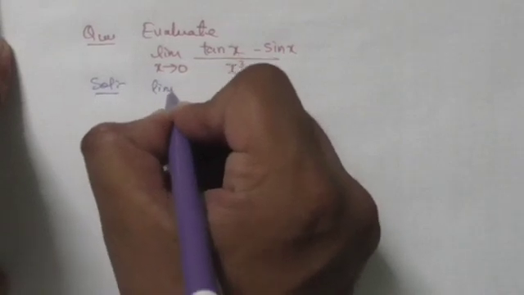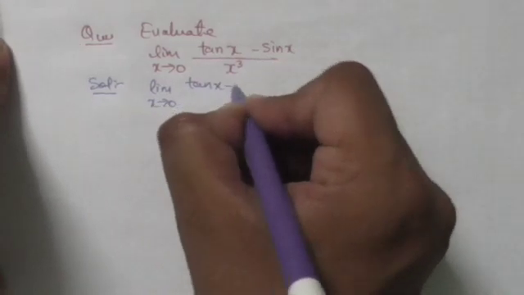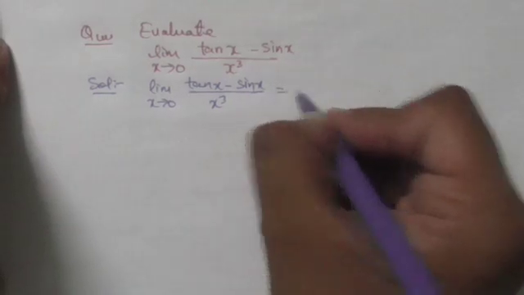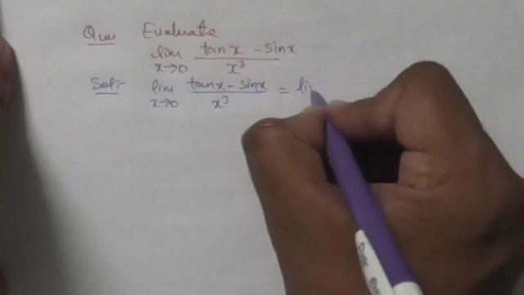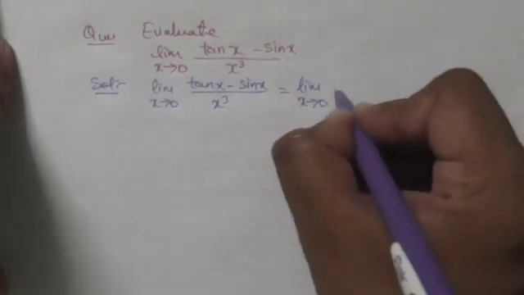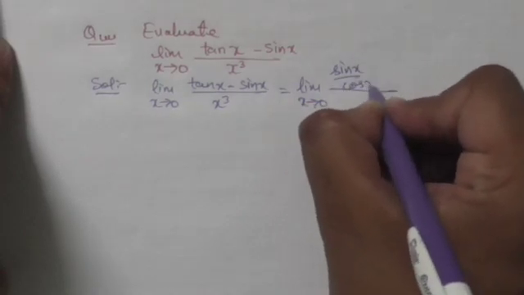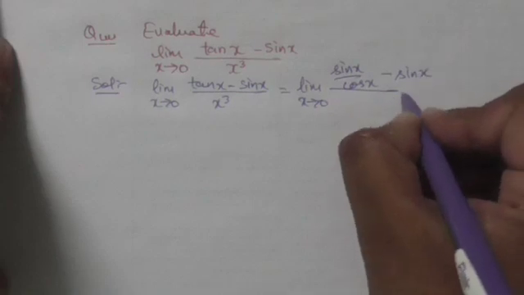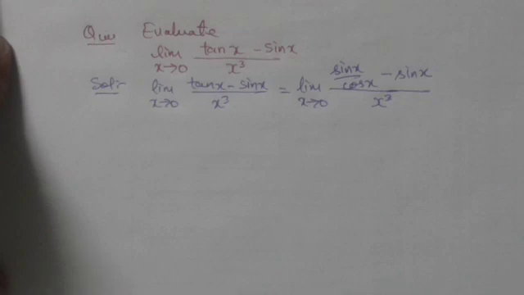The question is limit x tends to 0 (tan x minus sin x) upon x cube. So what is tan x? Tan x is sin x upon cos x. So we will write it like this. Limit x tends to 0 of (sin x upon cos x minus sin x) upon x cube, right?